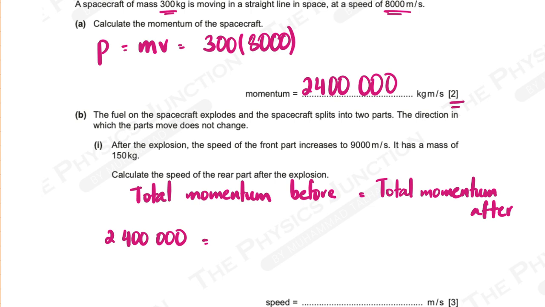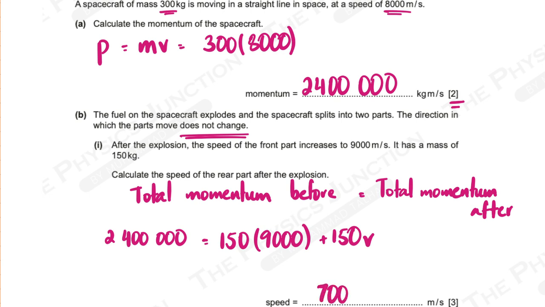So the speed of the front part, and it's moving in the same direction. So it's 150 mass times its velocity 9,000. And I need to find for the rear part, so that's 150 times v. So I just need to solve this equation and I need to find v. So from this, v turns out to be 7,000 meters per second.